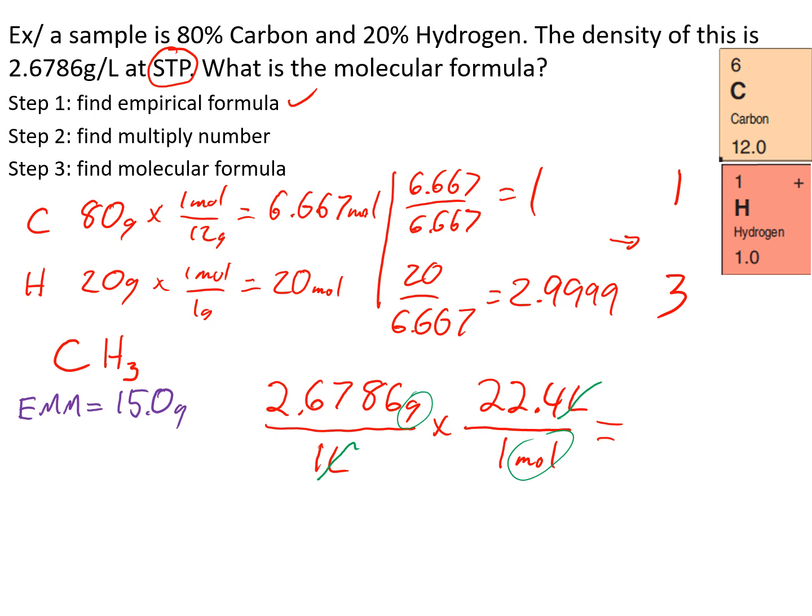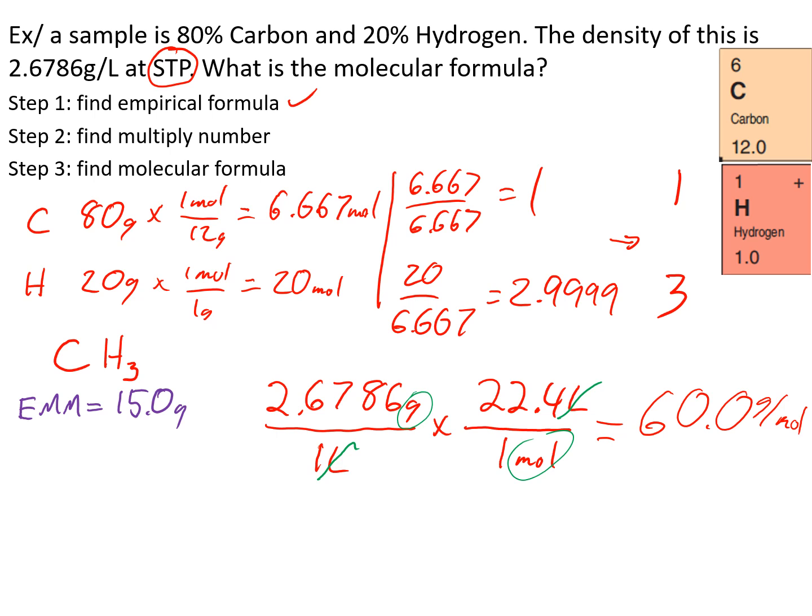So I'm going to go 2.6786 times 22.4, and I get 60.00064, close enough to 60.0 grams per mole.